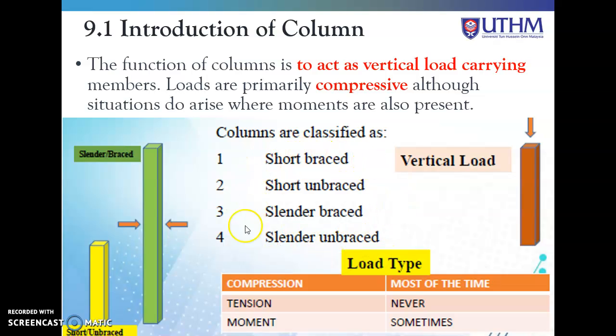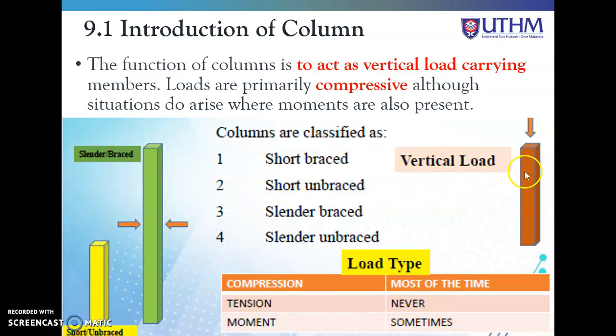This detail saya akan terangkan nanti. Tapi apa yang you guys tahu adalah bila short tu maksudnya dia pendek, bila slender tu maksudnya dia panjang. Most of the time, column ini dia akan bawa load type of compression. So tension is never and moment is sometimes.